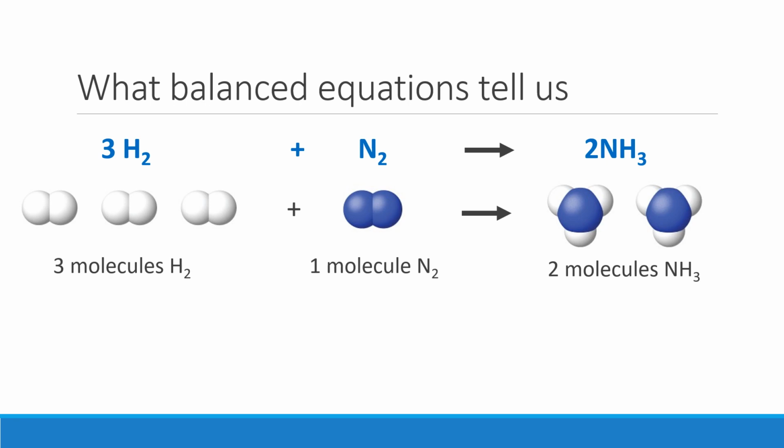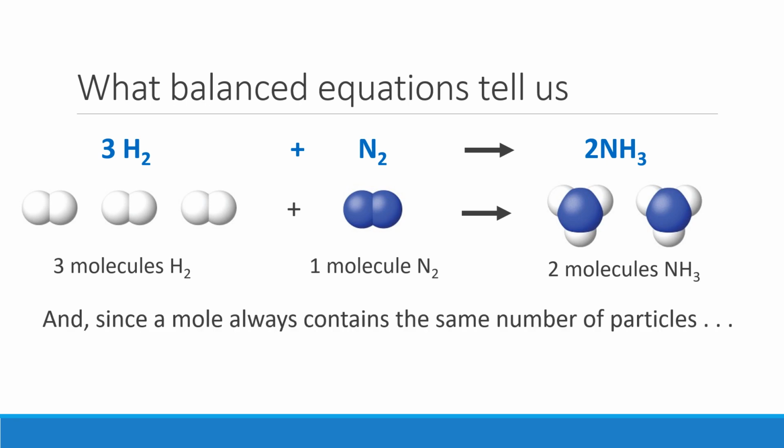But this is a proportional relationship, and if we scaled everything up, if we said, what if I just multiply all those numbers of particles by 6.02 times 10 to the 23rd? Then we could also interpret the balanced equation in terms of moles.